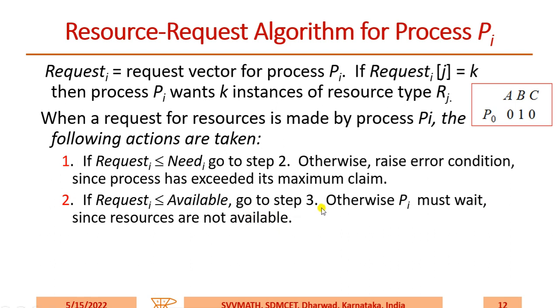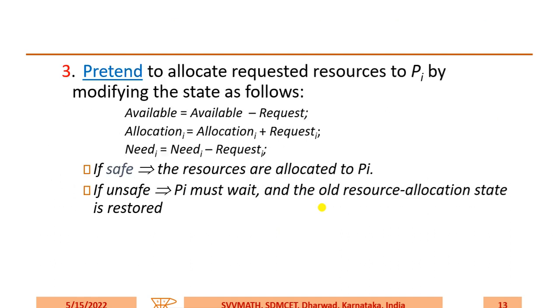Pause the video, just go through step number 1 and step number 2. Then step number 3, pretend, I have underlined. Pretend to allocate the requested resources to Pi by modifying the state as follows. What I do, as if I have already allocated, like that I will make all the changes in the data structures.